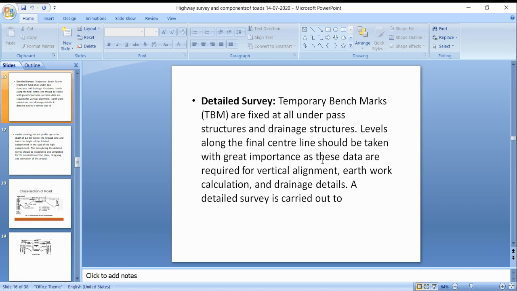In the topography, in the map survey, we have gathered information about the valleys, mountains, hilly areas, and the contours, which we can see in the map study.